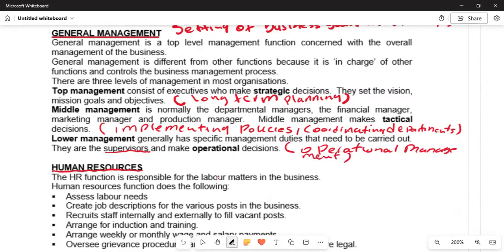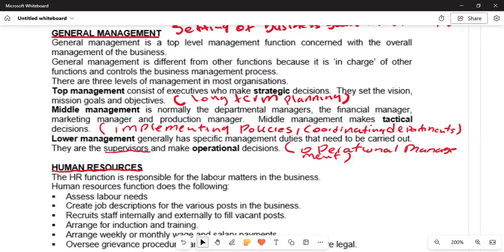So this level, which is lower level management, they are going to make sure that the tasks are carried out according to the plans that were made by the top management. So they are going to make sure that the activities take place, tasks are carried out, and they must be according to the plans of the organization. The tasks that they are doing, they must what? Meet the requirements that were made at the top level.